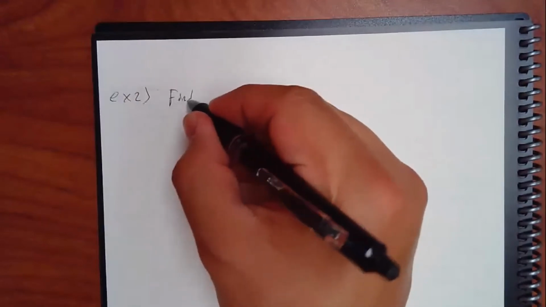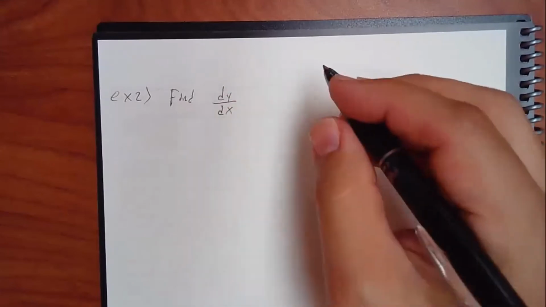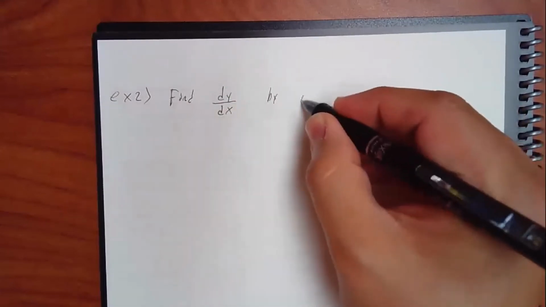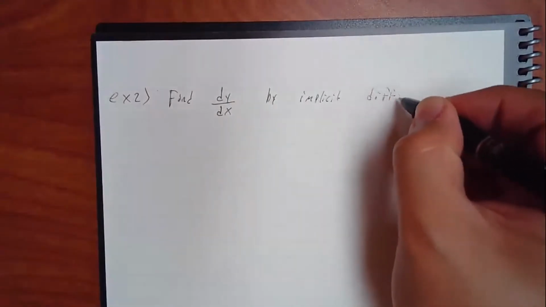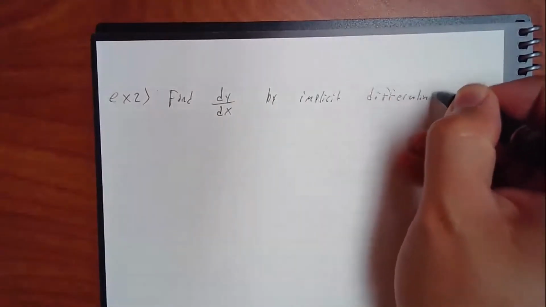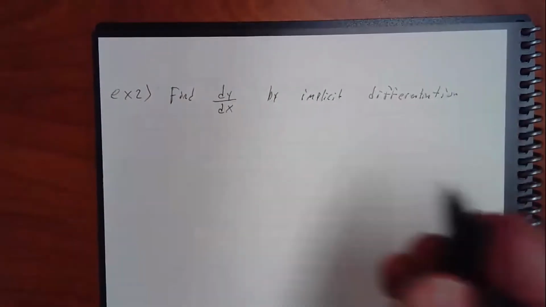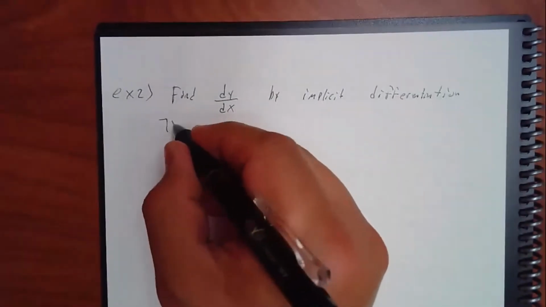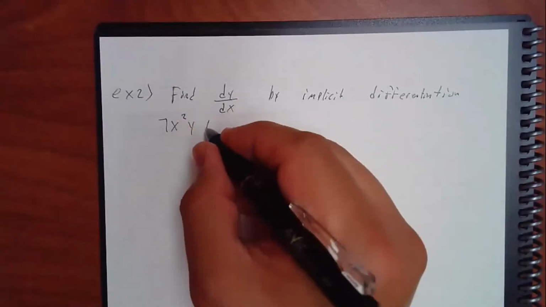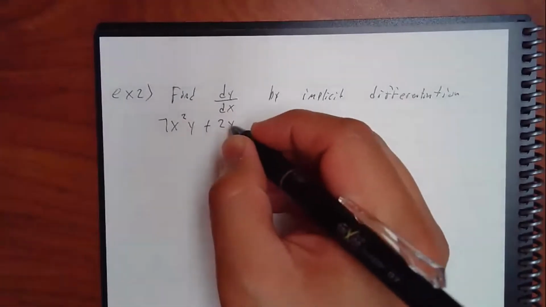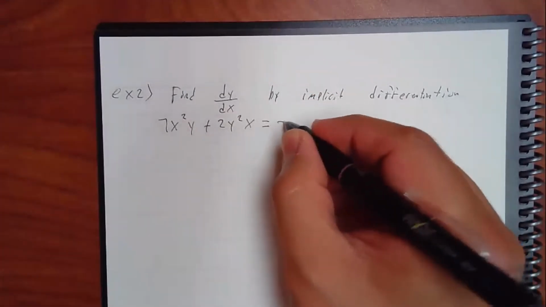Find dy dx by implicit differentiation. I feel like my handwriting is getting worse and worse as I get tired. Okay, 7x squared y plus 2y squared equal to -1.